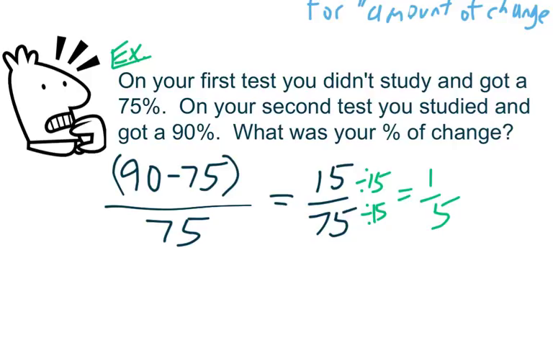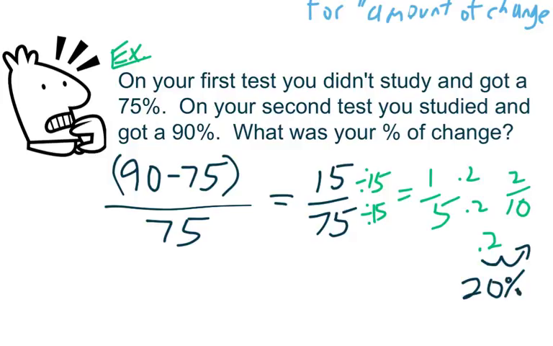And 1/5 I know is the same thing as 2/10. This is just a shortcut to get this quickly and easily. And 2/10 is 0.2, because that's the way you say it, 2/10. Now I move the decimal 2 spots to the right to make it a percent, and that would be 20%.